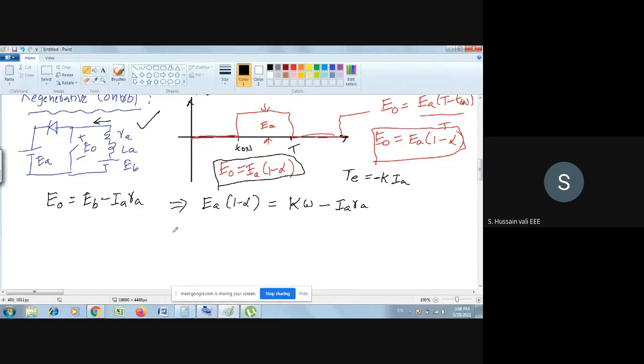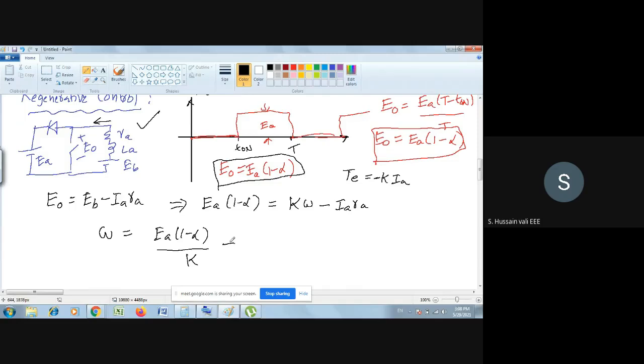Then what is omega you will get? Omega is equal to EA into 1 minus alpha by K, minus or plus?